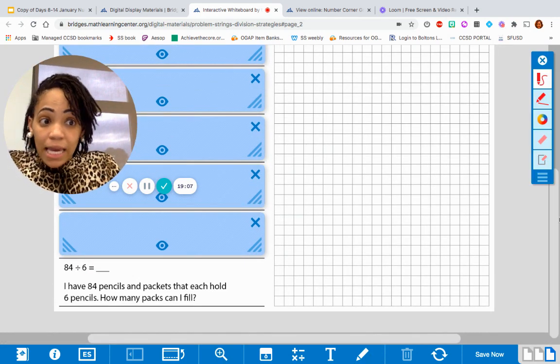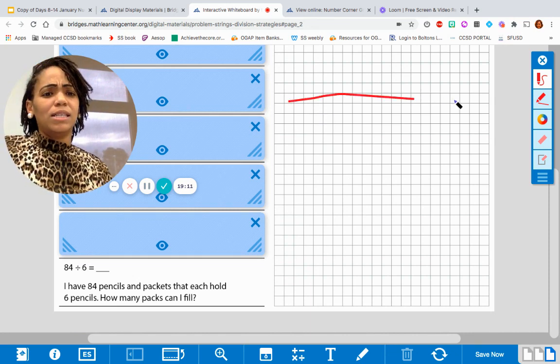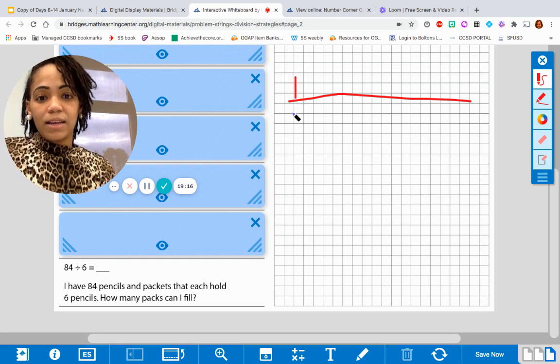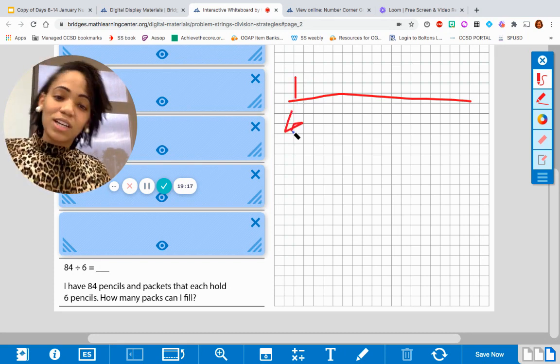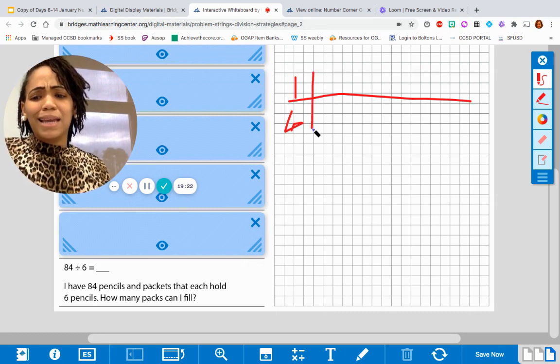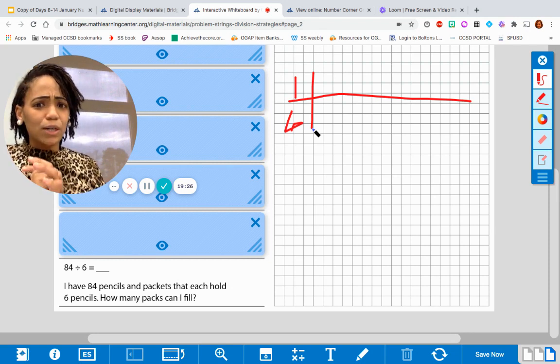And we're going to start with a ratio table. Okay, and I'm going to do this as quickly as I can, so it may not be perfectly straight. I know in 1 pack, I have 6 pencils, so we change the context a little bit. And I want to know how many packs would be in 84 pencils. So let's just think about what we know.